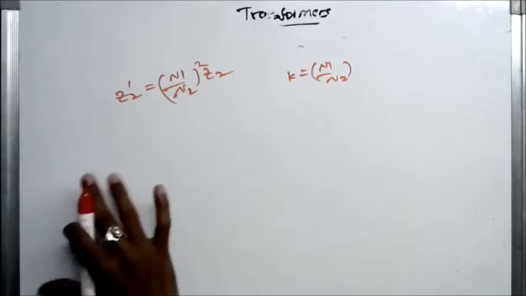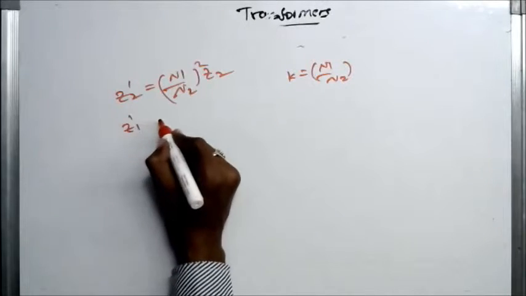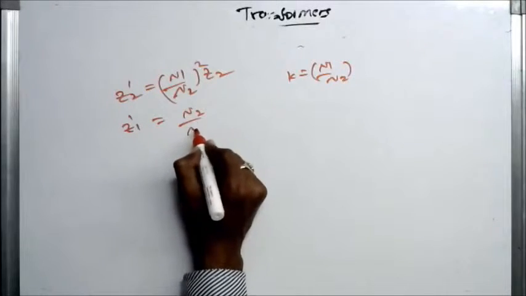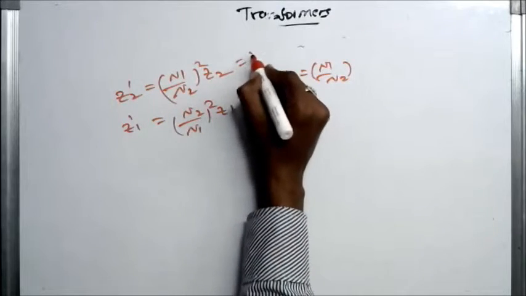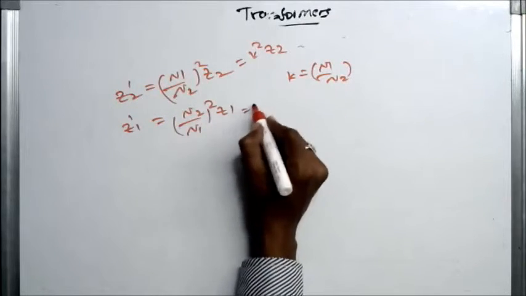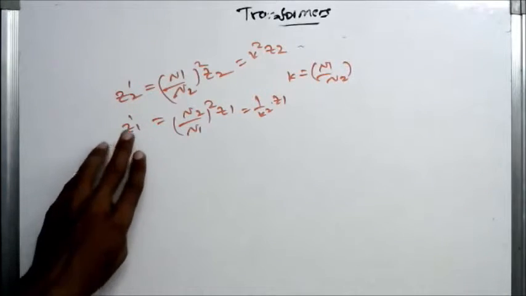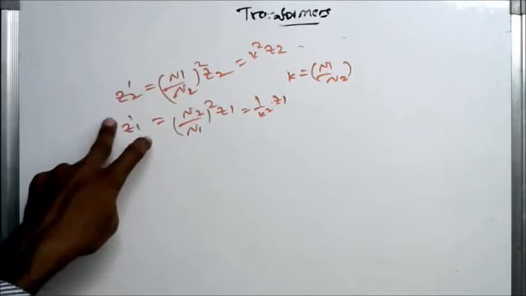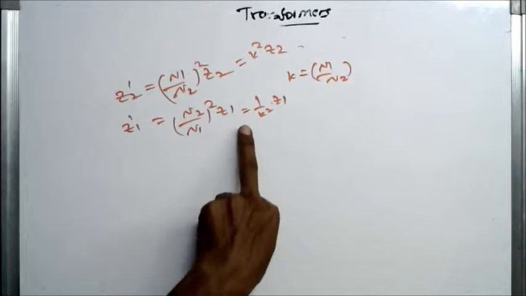Now Z1 dash is equal to (N2 by N1) whole square into Z1. So this is K square into Z2, and this is 1 by K square into Z1. Here the secondary impedance is referred to the primary side. Here the primary impedance is referred to the secondary side.